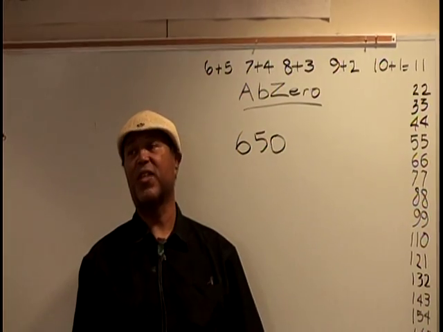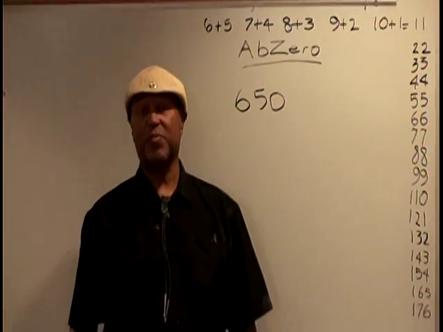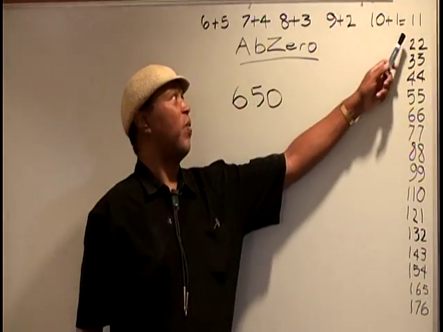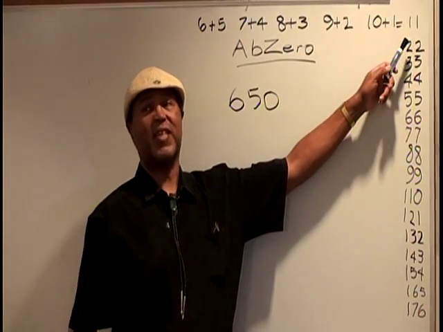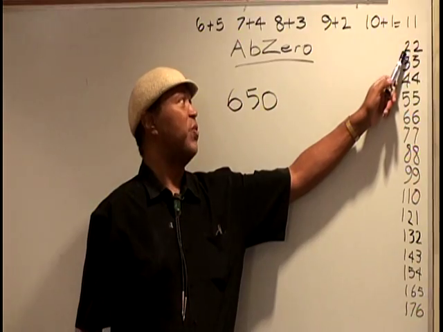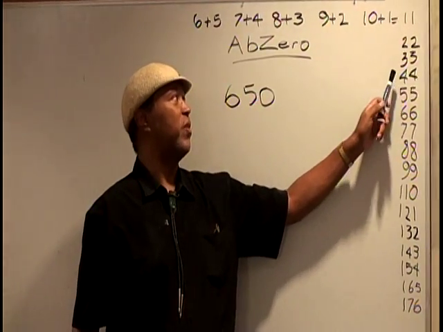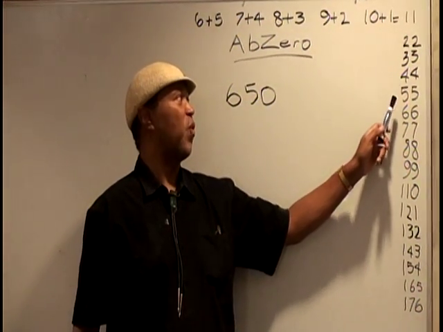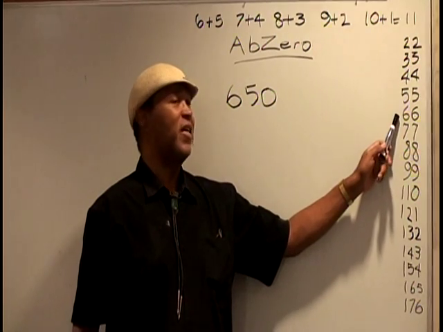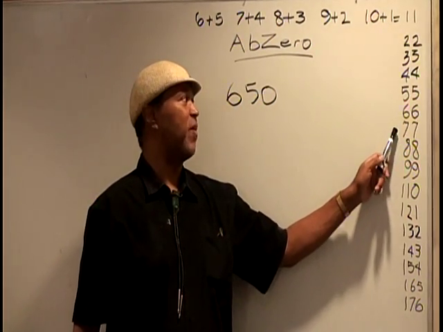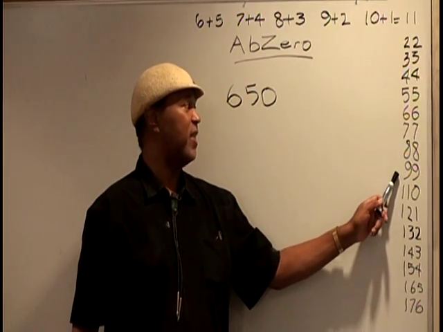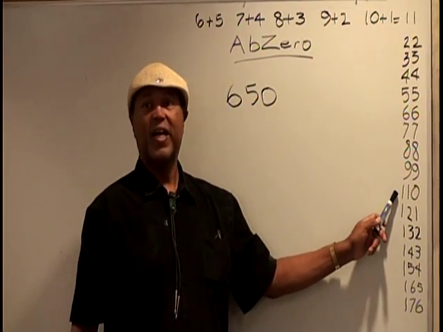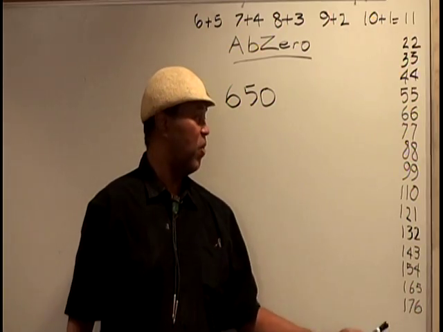A multiple of 11 is a number which 11 is multiplied by. So multiply 11 by 2, you get 22. 3 times 11 is 33. 4 times is 44. 5 times is 55. 6 times is 66. 7 times is 77. 8 times is 88. 9 times is 99. 10 times is 110, and it goes on and on.